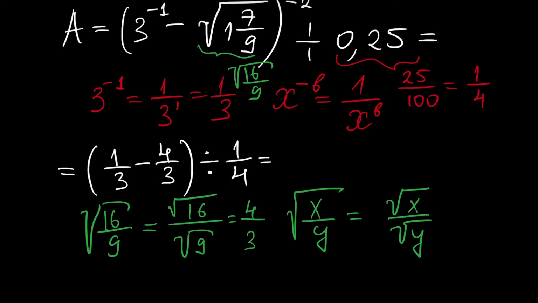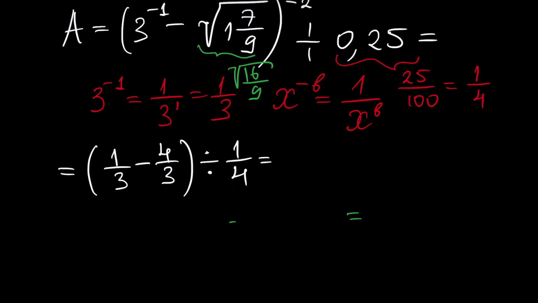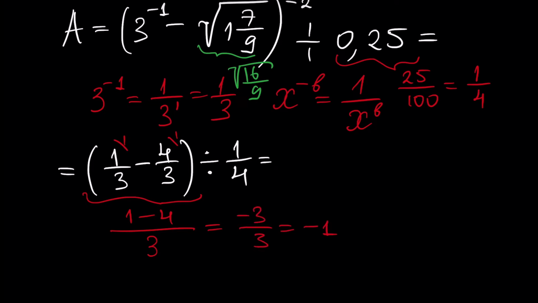Next, let's perform, delete this. What is inside the braces will be, common denominator will be 3, and it will be multiplied to 1 and 1. So 1 minus 4 is minus 3, and minus 3 divided by 3 is minus 1.